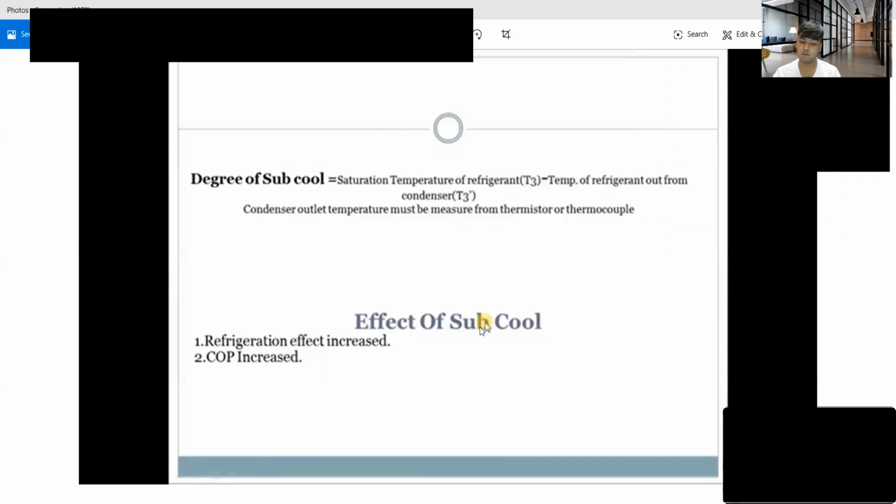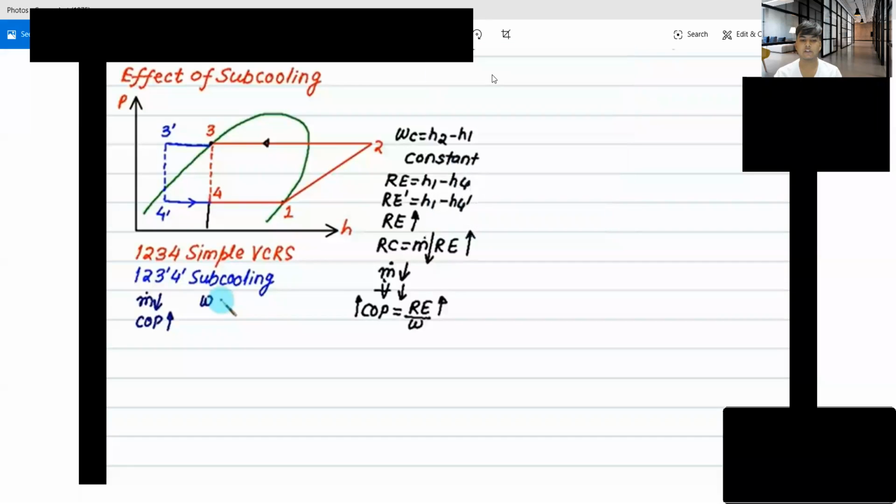Now we'll see the effect of subcooling. The effect of subcooling is of two types: the refrigeration effect is increased, and the COP of the refrigeration also increases. Let's study this by analyzing the diagram. Here is your pressure and enthalpy graph.